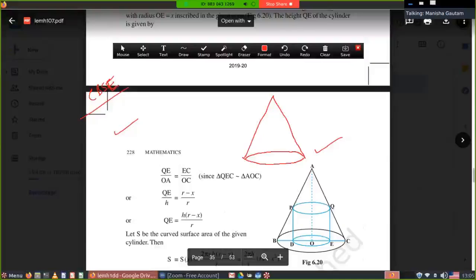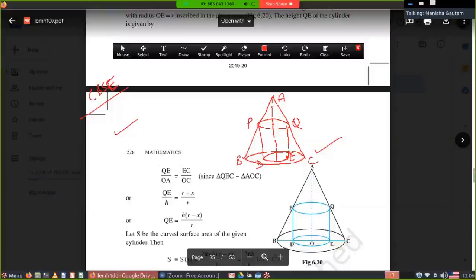We have inscribed a cylinder in this cone, and this is the vertical height of the cone, and this is Q, this is E, this is C, this is A, P, B, and D.